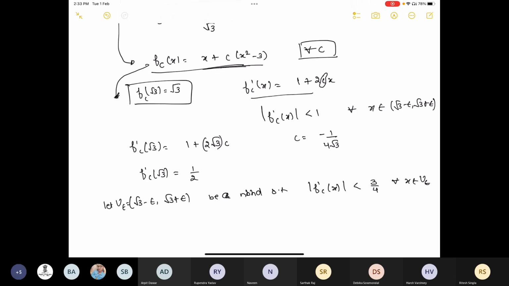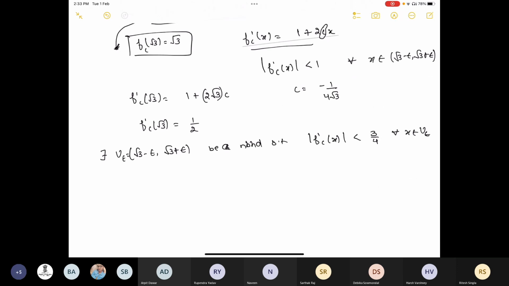Can we find some epsilon? Can we guarantee the existence of such a neighborhood in our problem?